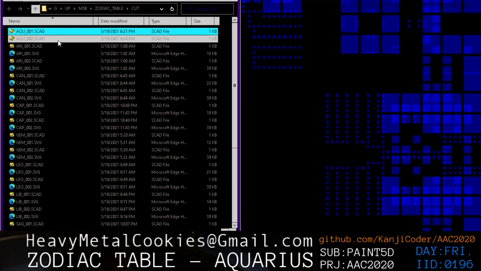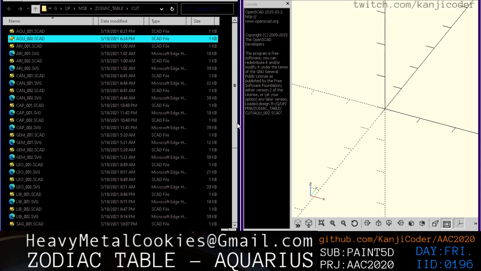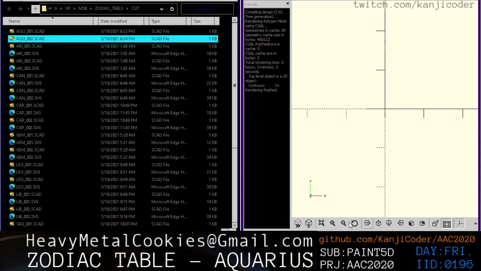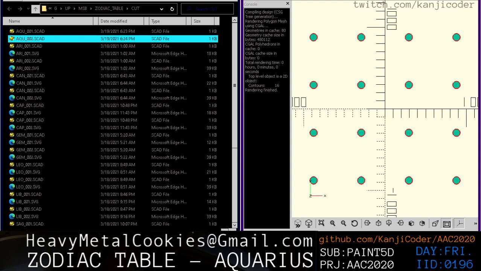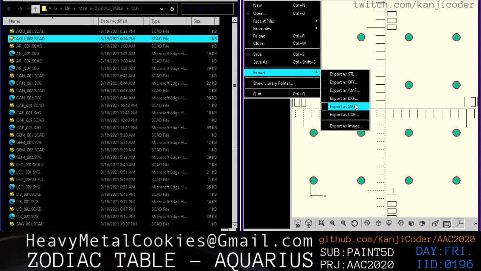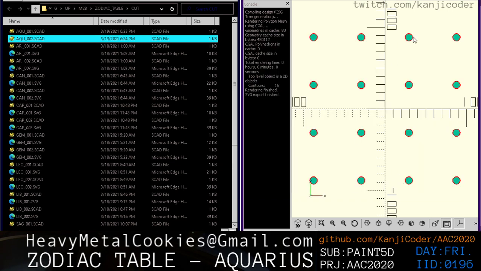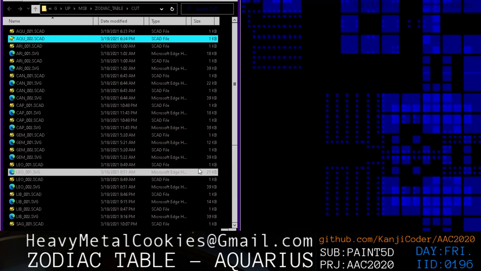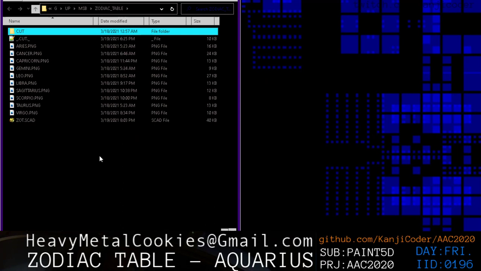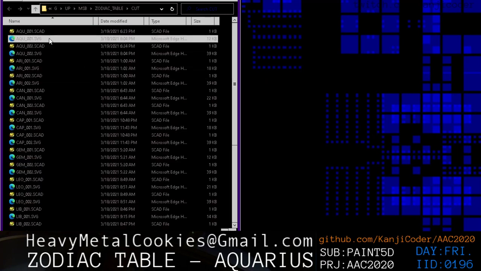Close this one, open up Aquarius 2, which is just the locator holes that are going to go on the tabletop. So file, export as SVG, Aquarius02.svg, save that. Okay, so we've gotten the Aquarius symbol done.